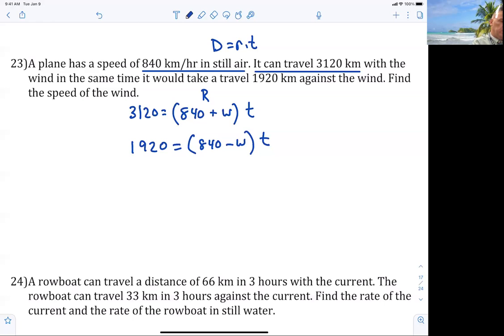So this one, and then the third one. All right, which is nice. This just becomes what?